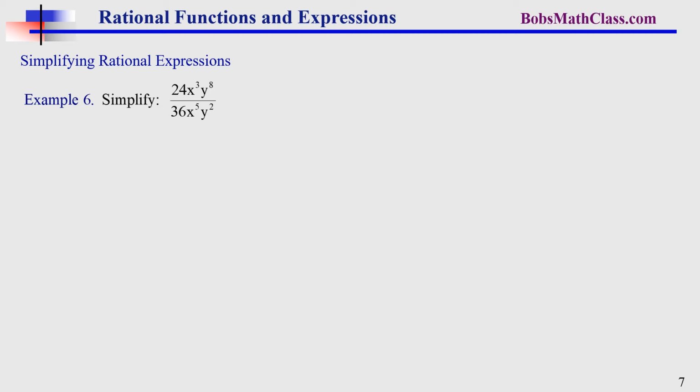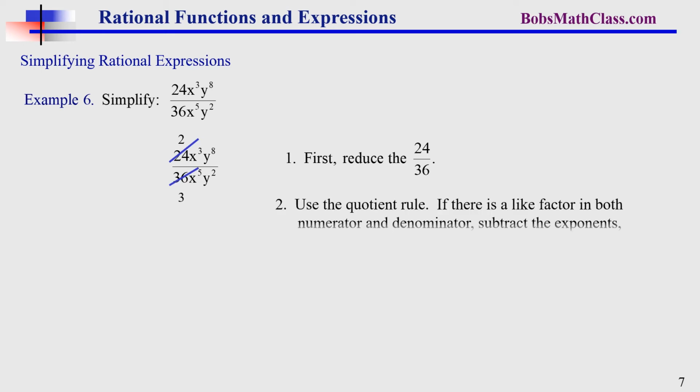Okay, so we could reduce the 24 and 36. That would be our first step. Let's see, 12 goes into both of those, right? Yeah. 2 and 3. Okay, so now let's use the quotient rule.